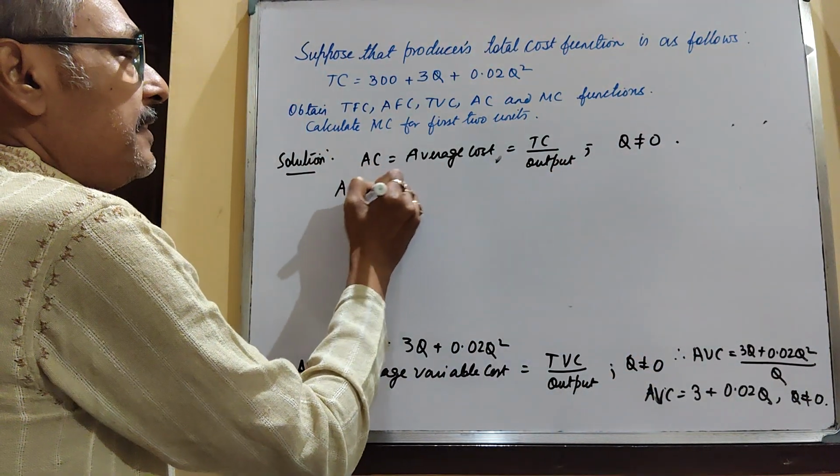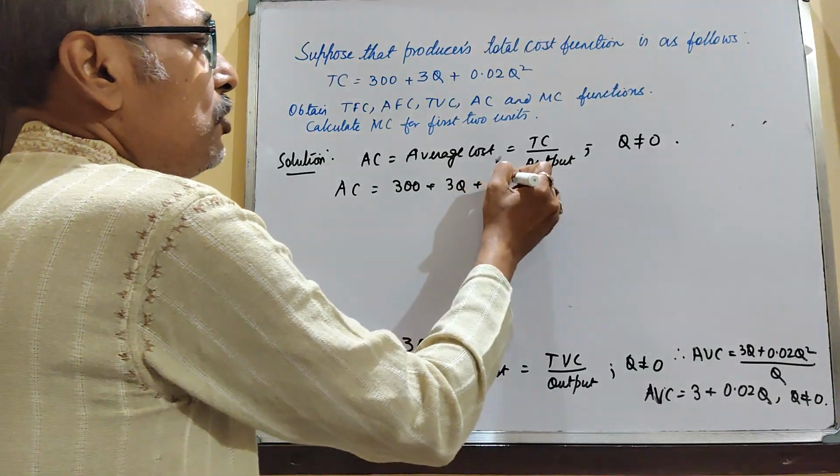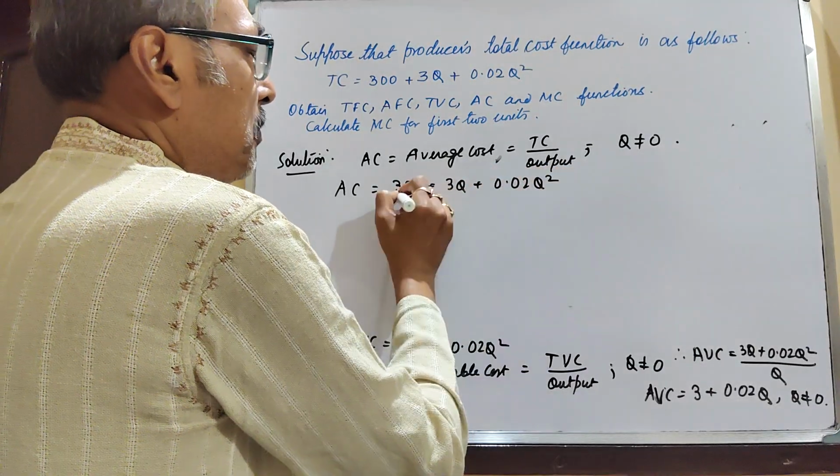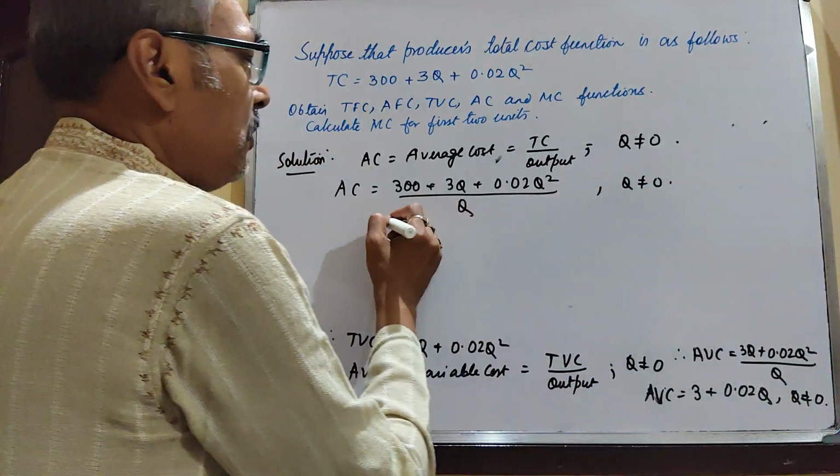Therefore AC is 300 plus 3Q plus 0.02Q squared by Q, where Q is not equal to 0.